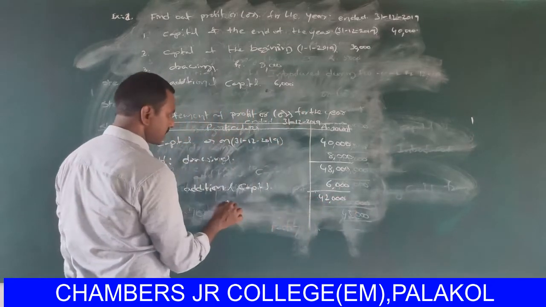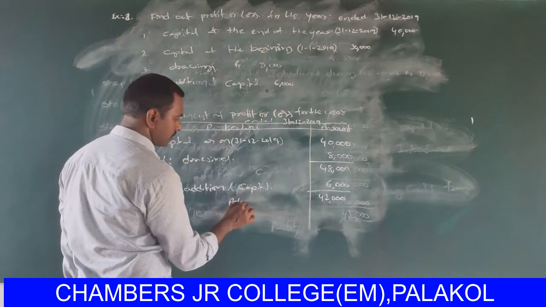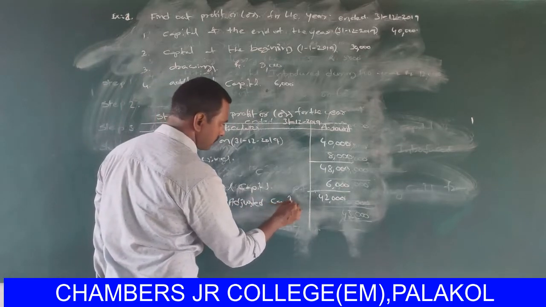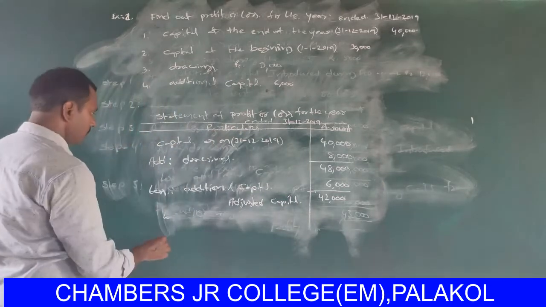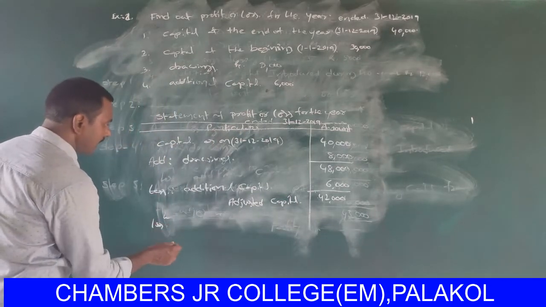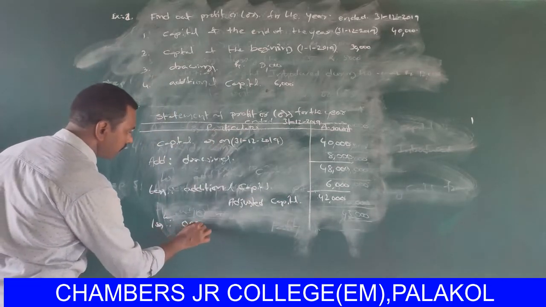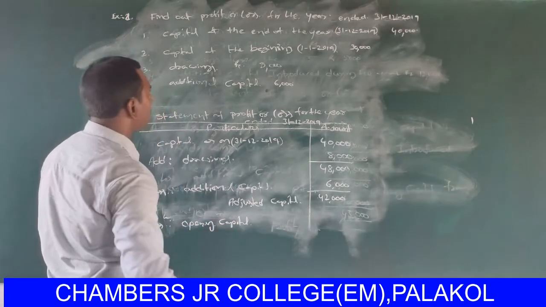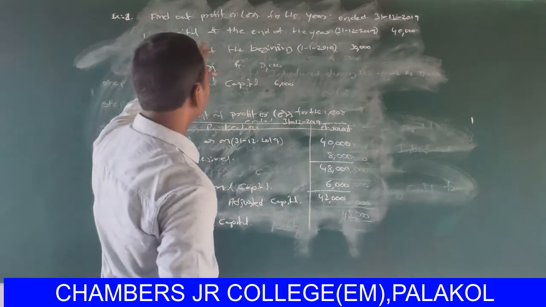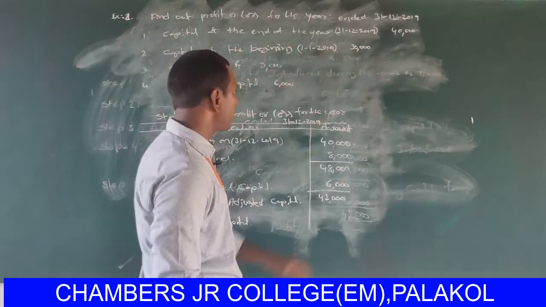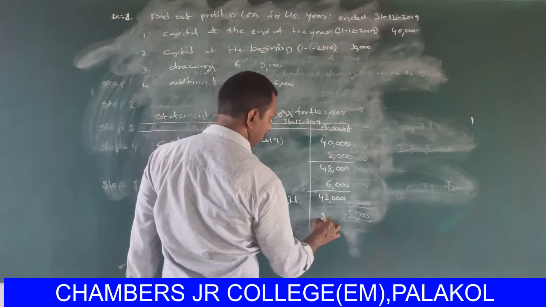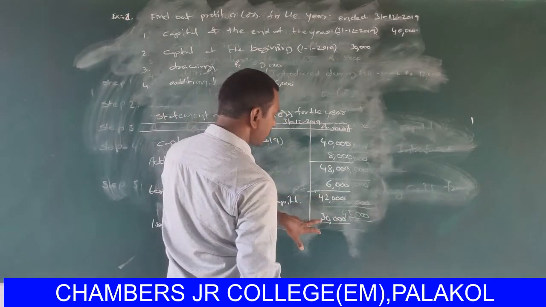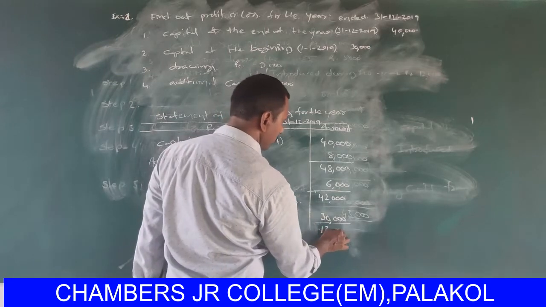This is called adjusted capital. Now less opening capital, capital at the beginning, that is rupees 30,000. 42,000 minus 30,000 is 12,000.